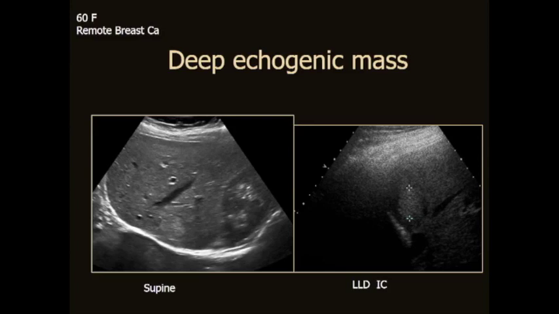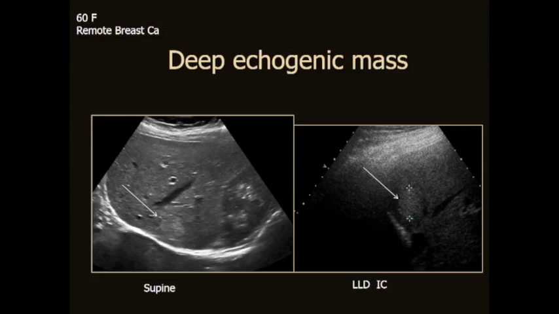So this was a patient with a remote history of breast cancer who came to the emergency with flank pain. And while she was having a CT scan, it was noticed that she had a mass in her liver, which wasn't characterized. So this case is a beautiful example of another ultrasound rule.